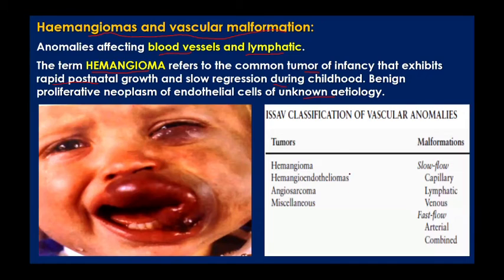Hemangioma has slow blood flow, while hemangioendothelioma is capillary, while angiosarcoma is lymphatic, and miscellaneous includes venous and arterial flow combined.